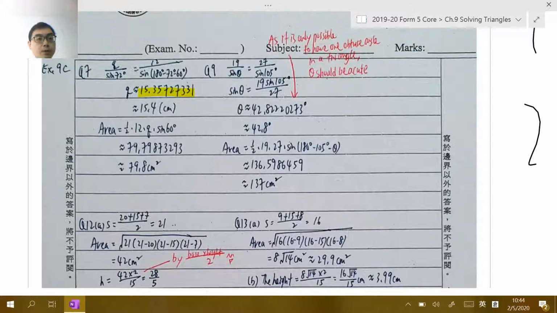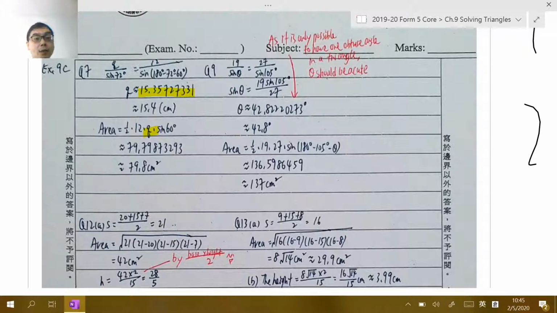In this one, we finish finding Q is 15.35 something, or say 15.4. But this value will be used for finding the area. So you can see I keep a Q here, because this Q is actually not 15.4, but it should be 15.357 something. So make sure in your calculation, especially for your calculator input, you put in all the digits.